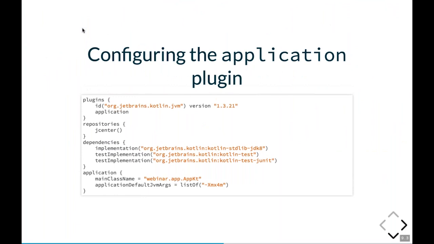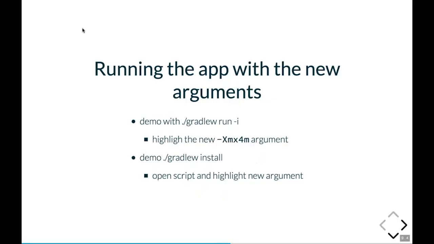We configured the application plugin, and it has the expected effect. The IDE helped us, and we used this application block contributed by the application plugin. Right, as we saw, we could run it in both ways.